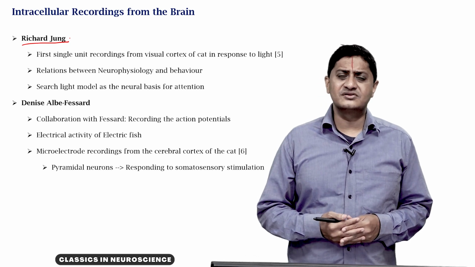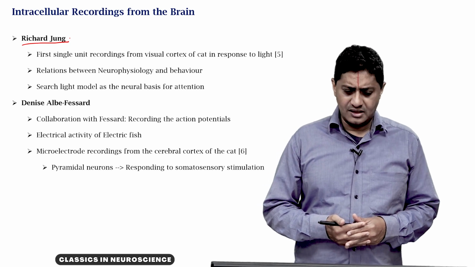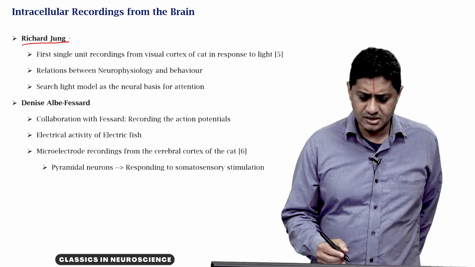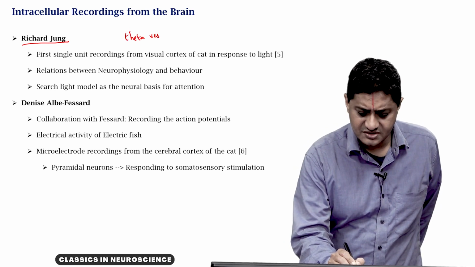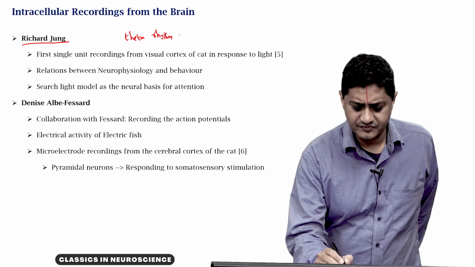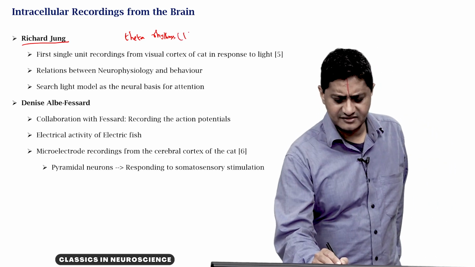He pursued research in the field of EEG, and he was one of the first to record theta rhythms in response to sensory stimulation in EEG. I think this was in 1937 or so.